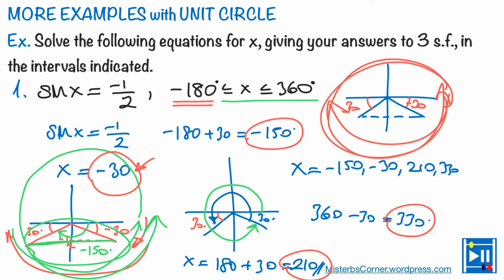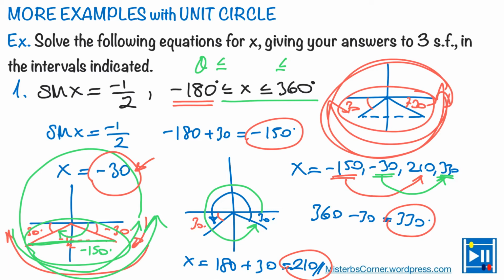Every single time you make a full round, you have to be writing those answers, adding 360 to your solutions. So it goes minus 150, you add 360 to this, you get 210. Minus 30, you add 360 to this, and you get 330, right? So this is how it works if your interval is not between 0 and 360, but some other number.